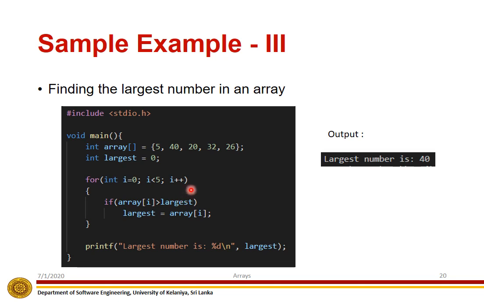So the largest value is 40, as I traced. So printf prints the largest number is 40. If you find this hard to understand, just trace it. Then you can understand how this works.